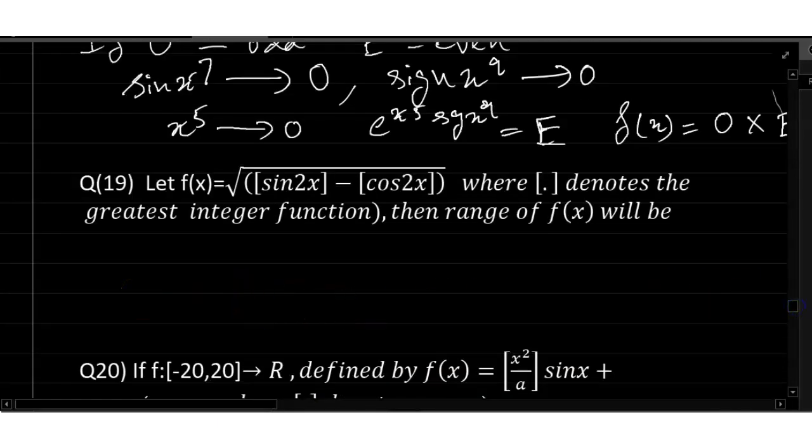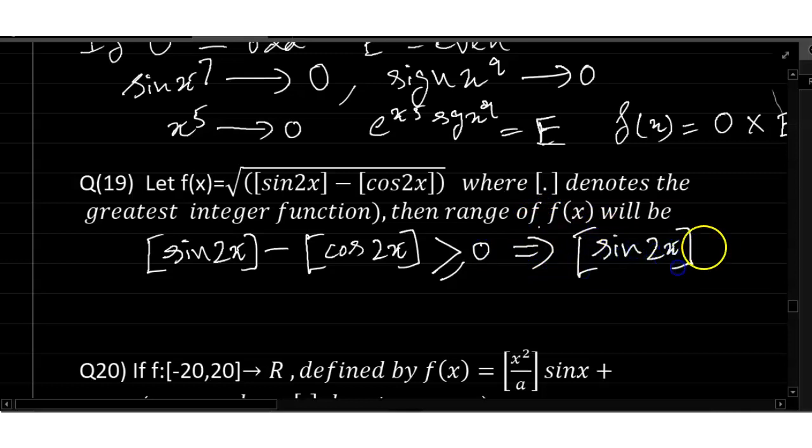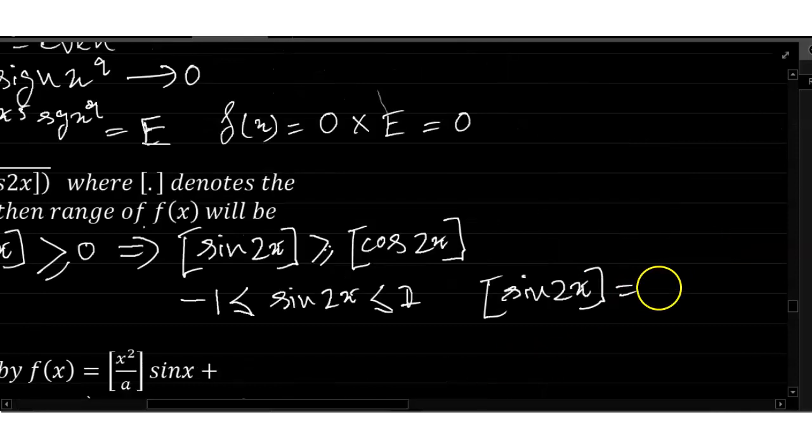Next, sin 2x, obviously sin 2x minus [cos 2x] greater than or equal to 0. Hence we get modulus of greatest integer sin 2x greater than or equal to, so [sin 2x] equals minus 1, 0 and 1, greatest integer.